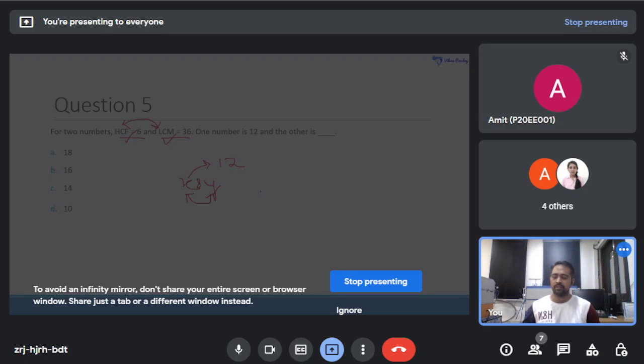Anupam, can you try? See, it is already given that one of the numbers is 12. The other one we have to find.